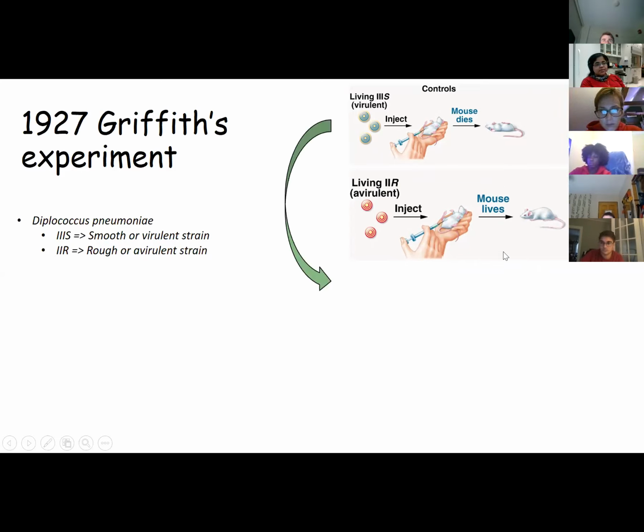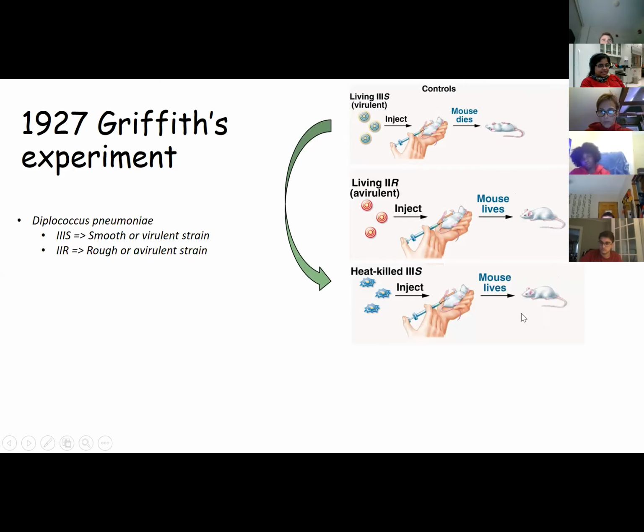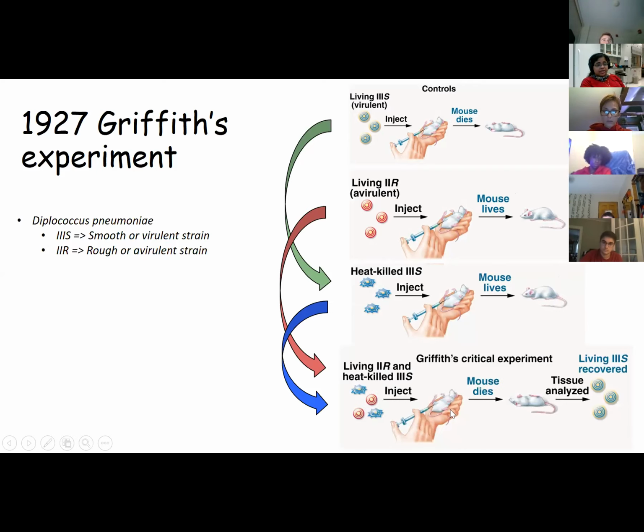Next he heat-killed the S strain, and the mouse lived. But in the next experiment, he took the R strain and the heat-killed version of the S strain, put it into the mouse, and the mouse died.